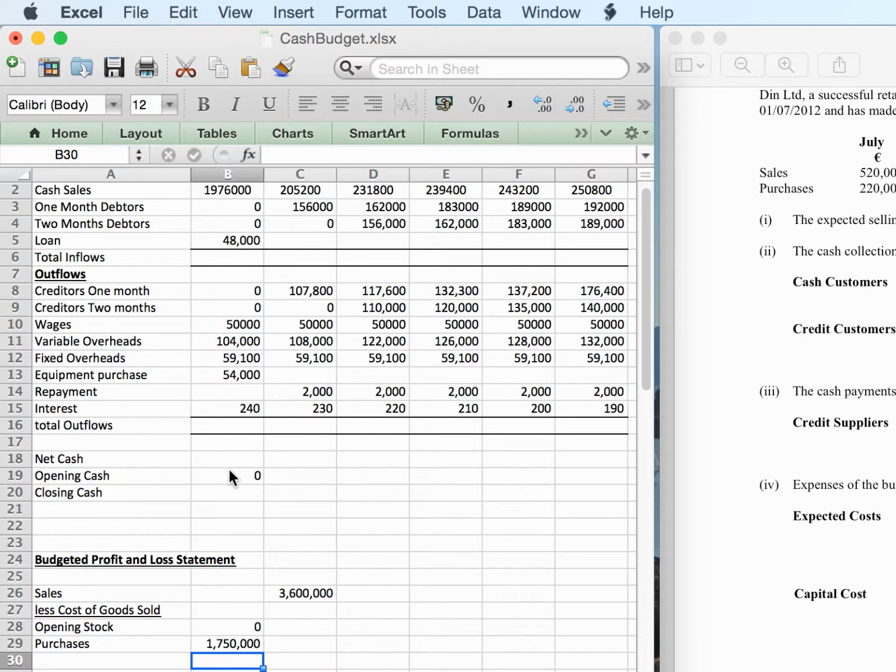Now, that means that's our goods available. Closing stock. So just quickly going back to sort out what our closing stock is, or when do we buy. So purchase paid month after purchase, the remaining purchase paid second month after. So it doesn't say anything about us buying in advance for next month's sales. So we're going to say closing stock is 0.